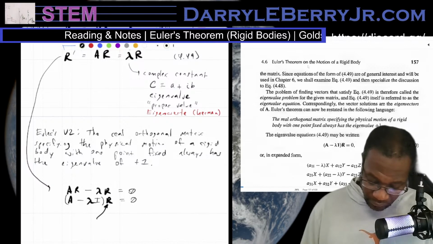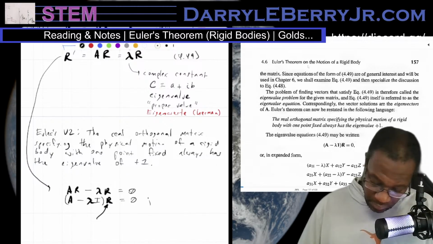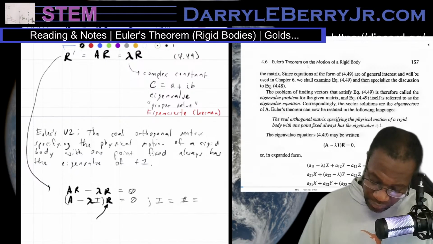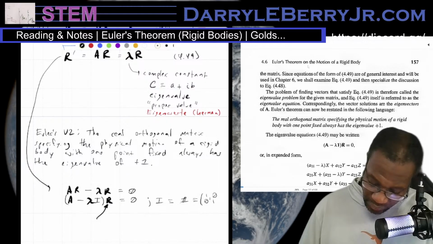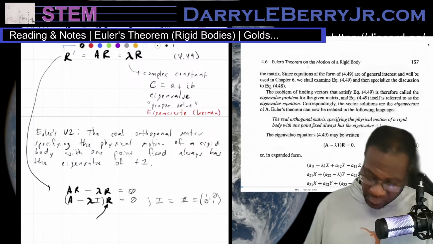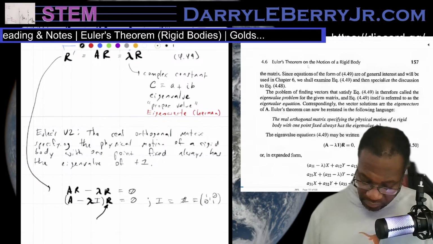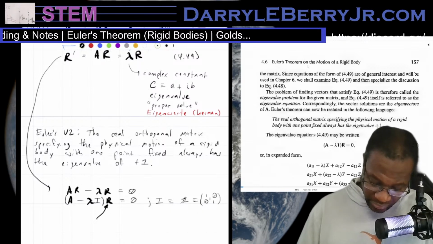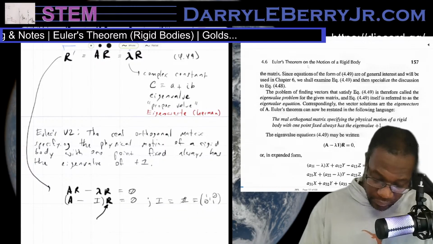I factored out the r, and I multiplied the lambda by I, the identity matrix, which is 1 down the diagonal and 0 everywhere else, so that it takes the same value but puts it in the form of a matrix. So lambda, which was a single value, we turned into a matrix with the identity matrix.